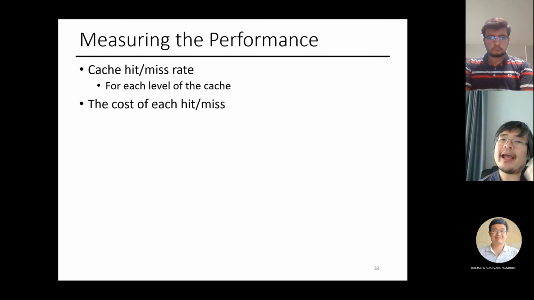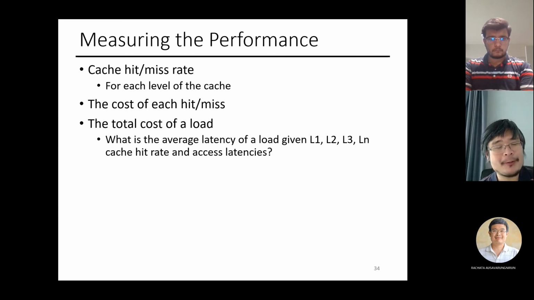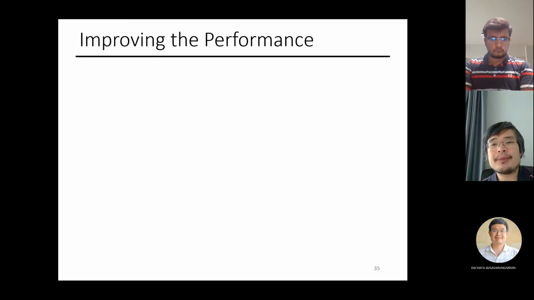You might want to put in an L1 to make sure that if you hit in L1, it's fast. What's the total cost of a load? If I need to read the data, what's the average time it takes for me to access that data? This can impact performance. And to improve performance, there are multiple things you can do from the programmer's point of view.